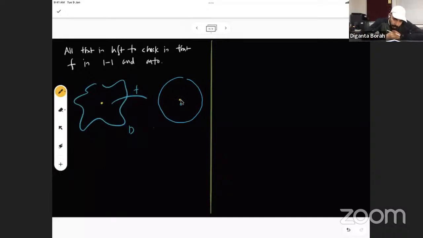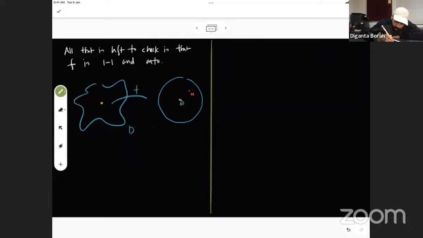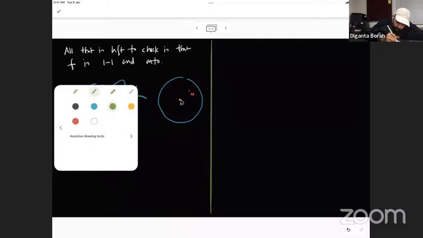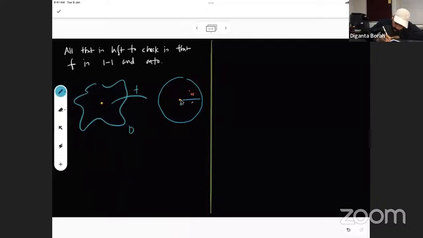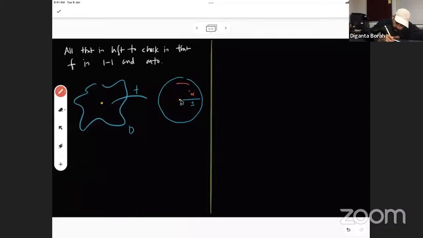I want to show that for every point, say w here, there is a pre-image, which will prove it is surjective, and there is only one pre-image. And how do you show this? This is an easy exercise actually, but I will nevertheless tell you. This is the unit disk, so radius 1. You now consider a circle like this, containing them.